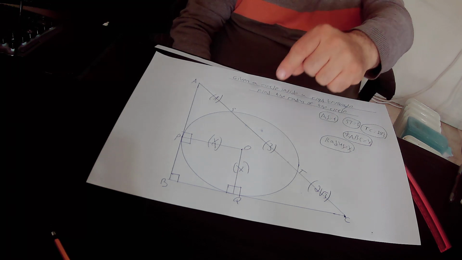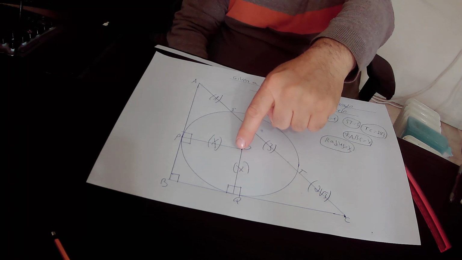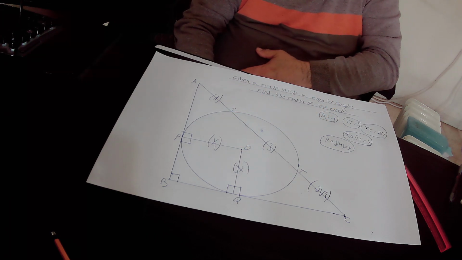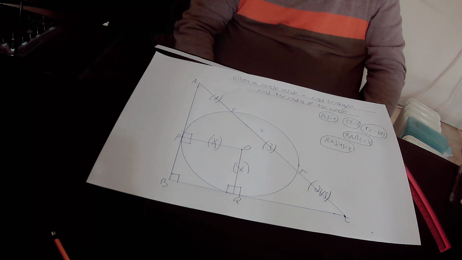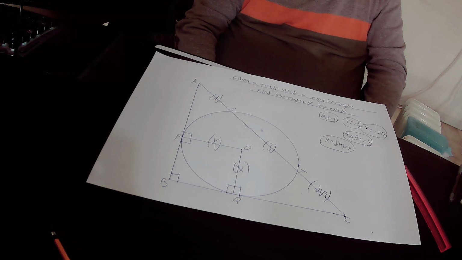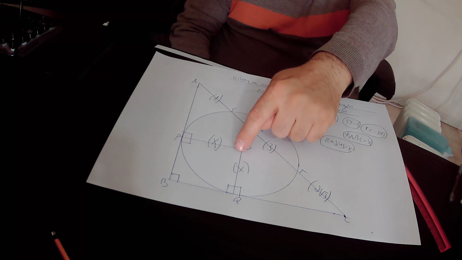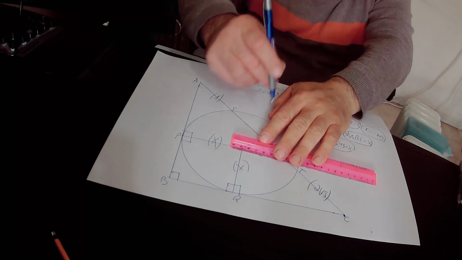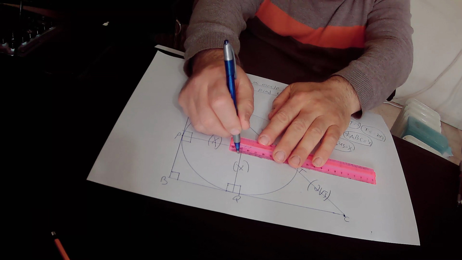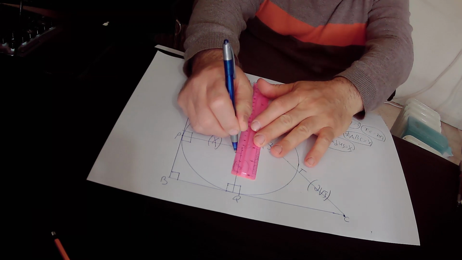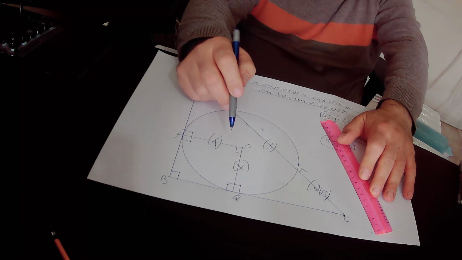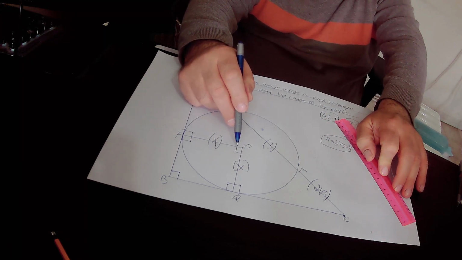So 270 degrees plus the size of this fourth missing angle, in total they must be equal to 360 degrees, according to the rule that the sum of the angles in any quadrilateral is equal to 360 degrees. Therefore, the missing fourth angle here must be equal to 90 degrees in its size.